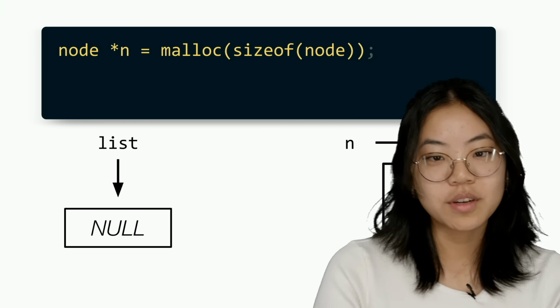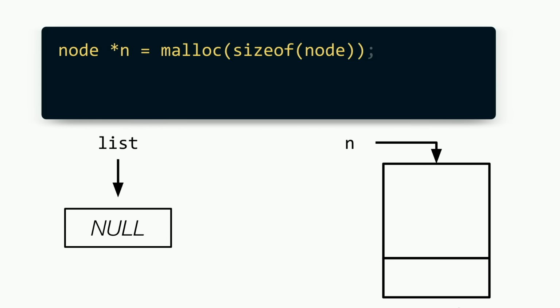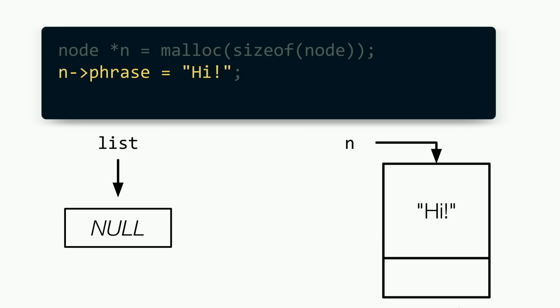Then we're creating some pointer called n here, and that n is going to point to that new piece of memory that we just allocated. So using our struct notation, I can then give it the phrase hi, which is, we know, a string. And then what do we think the next value should be? What address should it point to if this is the only thing in my list so far?